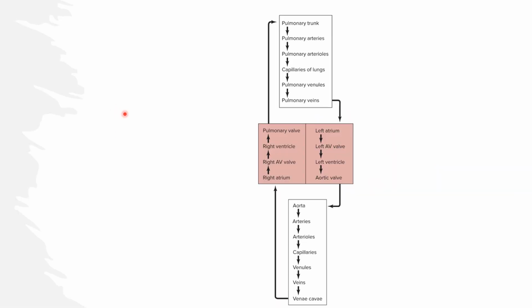But here is how the blood travels. So if we start at the pulmonary trunk, which is where the arteries and the veins are going to go either into the lungs or out of the lungs, it's going to branch into arteries, arteries into arterioles, arterioles into capillaries within the lung, pulmonary venules, and the capillaries.